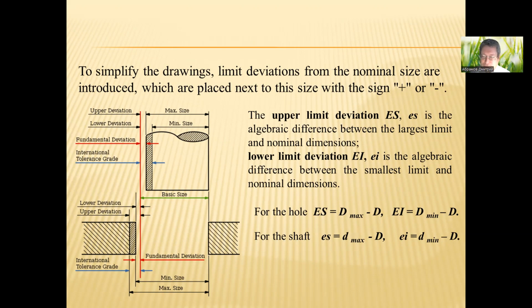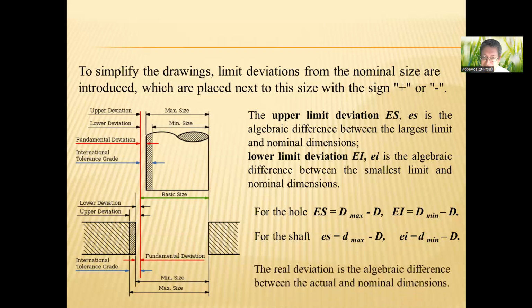For the holes, we use the formula big ES is equal to D suffix maximum minus D, and big EI is equal to big D suffix minimum minus big D. For the shaft, small es is equal to small d suffix maximum minus d, and small ei is equal to d suffix minimum minus d.